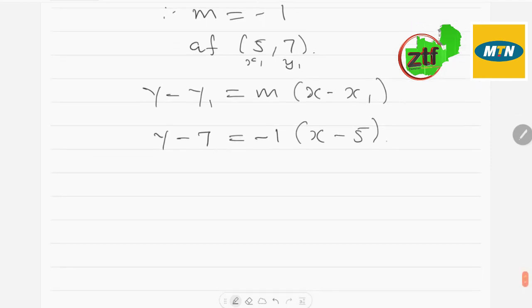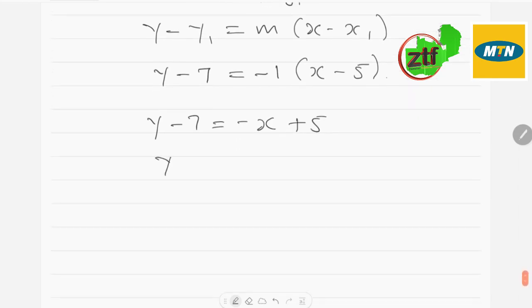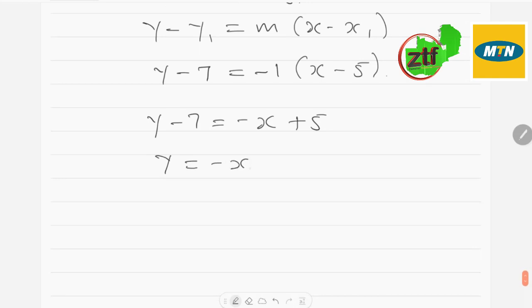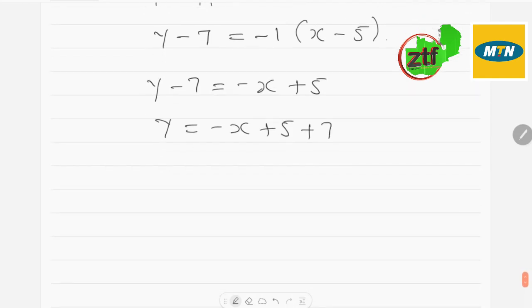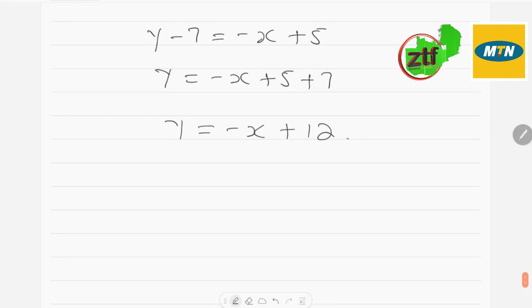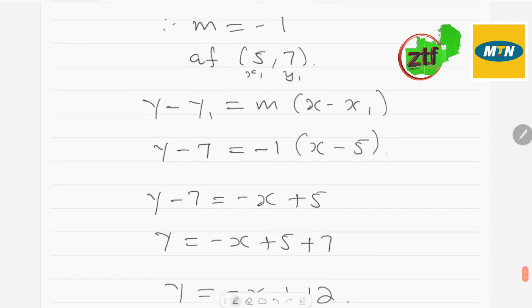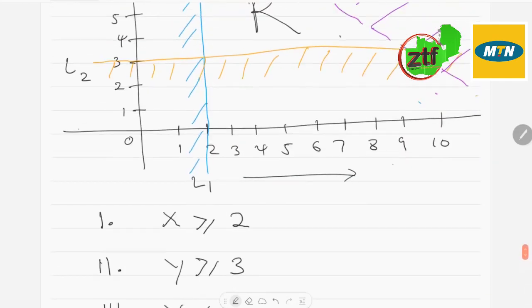So simplifying that, we'll get y minus 7 equals minus x plus 5. Then we get y equal to minus x plus 5 plus 7, which will give us y equal to minus x plus 12. So this is the equation of this straight line.